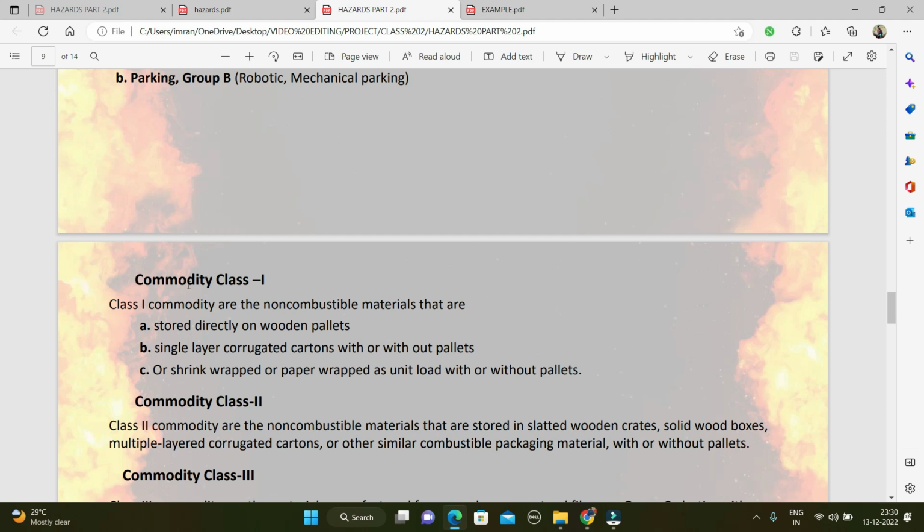See, commodity, as I already explained, means material. Its synonyms are materials, object. So different types of materials are classified in 4 classes.